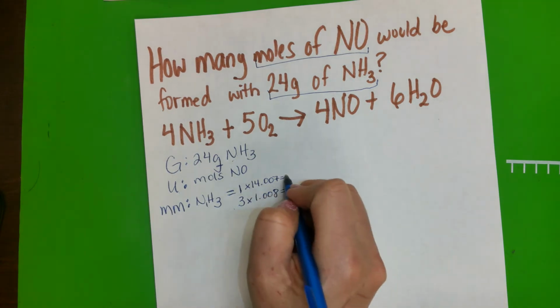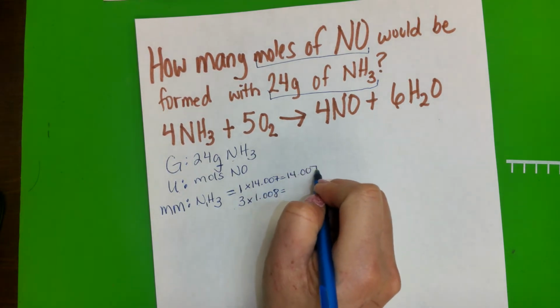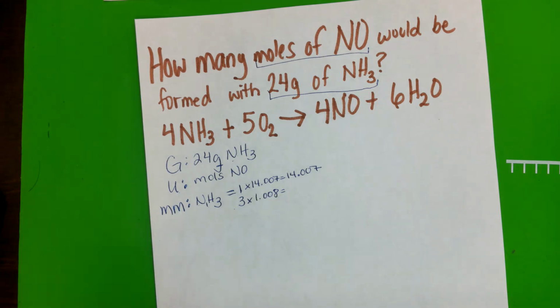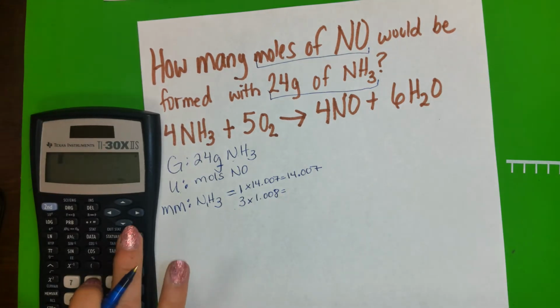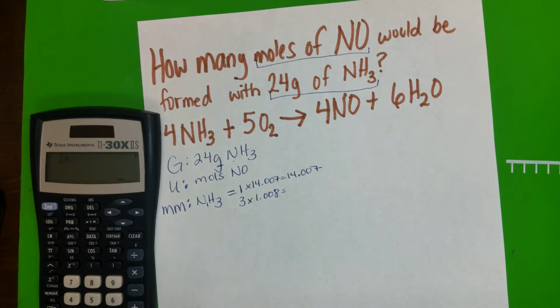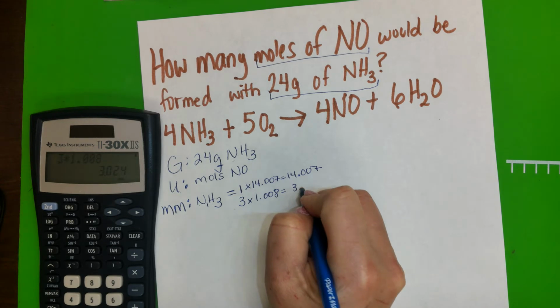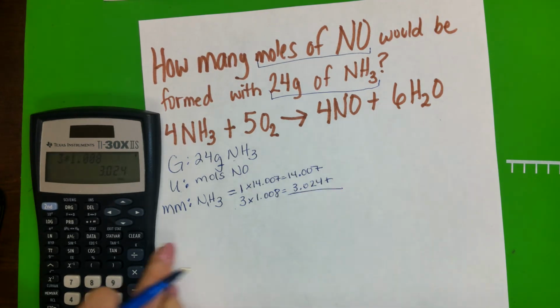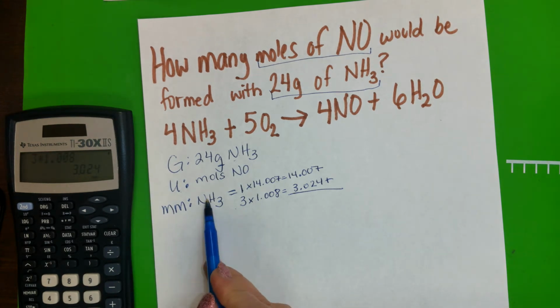So that's 1 times 14.007 equals the same. And then this one we would just multiply with a calculator. I did also put the calculator in your problem. And that will be 3.024.